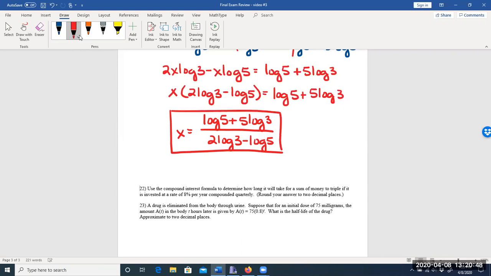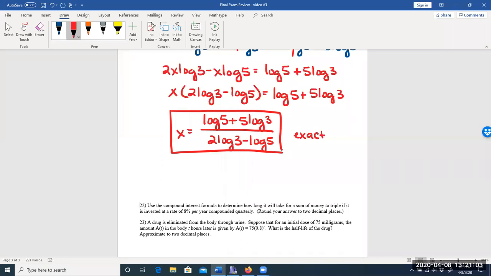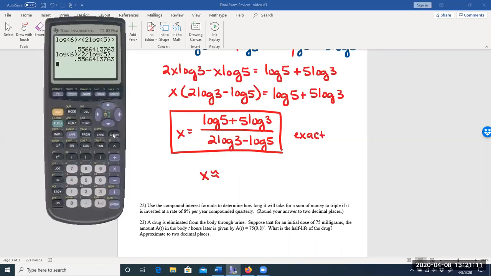You do not have to simplify any further. Sometimes we would use our laws to make it look a little nicer, but we're not requiring that. To get our approximate answer, let me type this into my calculator.